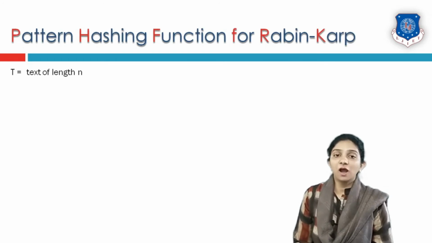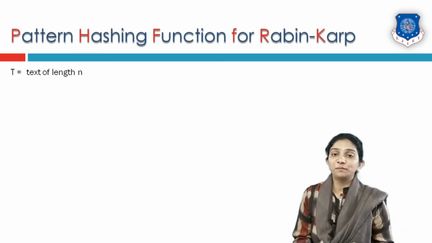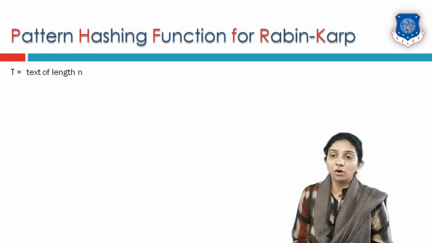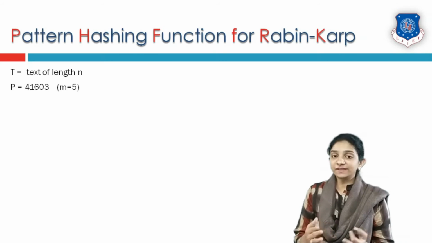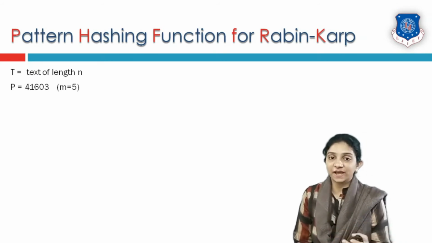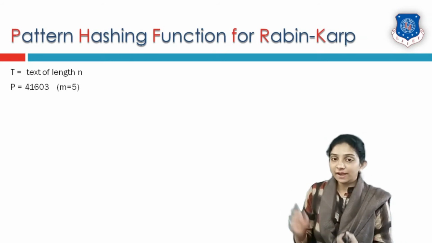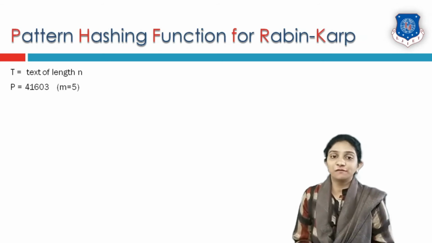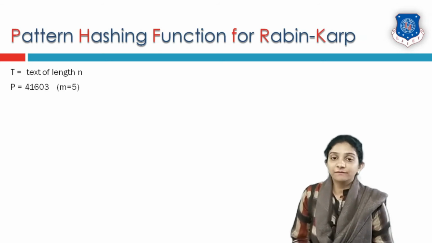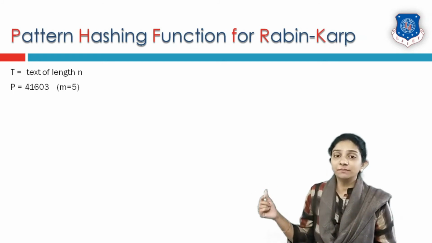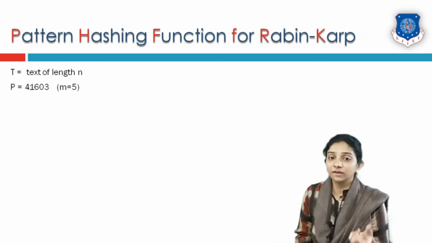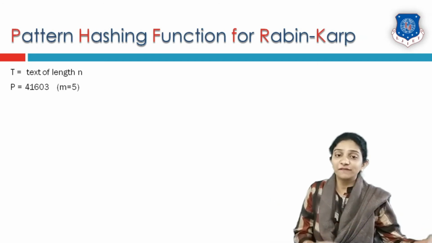Let us see how hashing of a pattern is calculated in Rabin-Karp. Say text T is some set of characters of length n, and pattern P is given as 41603, where the number of characters in the pattern is equal to 5. Remember, these numbers are not a single number, they are a series of characters.